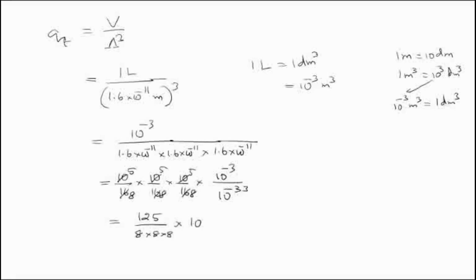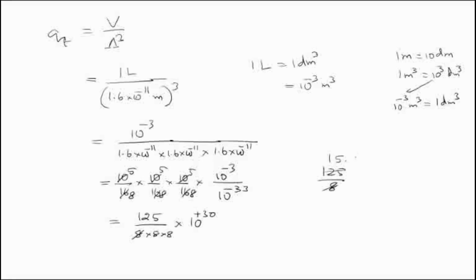And here this will become 10 power minus 30, sorry, plus 30. 125 by 8 roughly, I'll do it here. 125 by 8 will divide. 1 8s are 8, 45, 5 8s are 40.